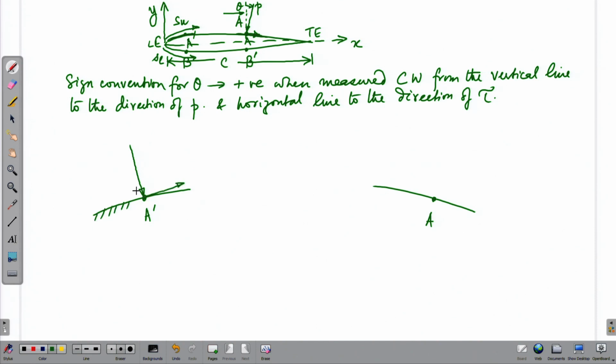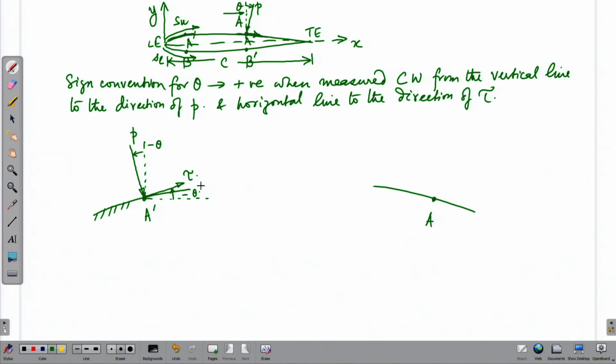We will hatch the surface. Now, this is the vertical, this is the horizontal, and we see that in order to reach the p direction, we are going the opposite way to clockwise, and therefore, this is negative theta. Similarly, we have gone counterclockwise from the horizontal to reach tau. So, this is also negative theta.